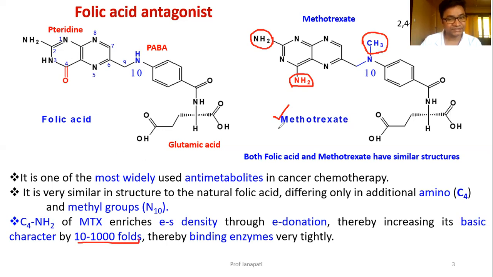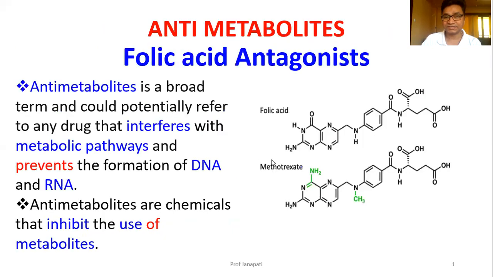Because of this increase in basicity, methotrexate will go and bind to the enzyme necessary for the metabolic process. Clear, please? Folic acid is less basic than methotrexate. Methotrexate has more affinity towards the enzyme which causes metabolism. So this is what we wanted to tell you first. This is the competitive mechanism.